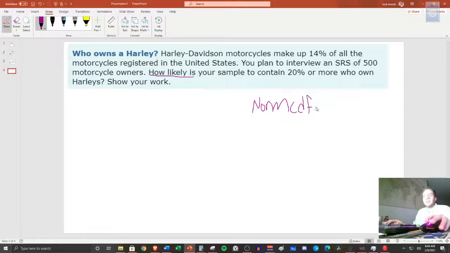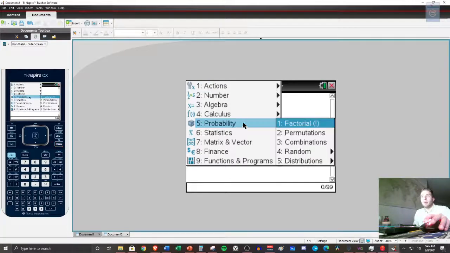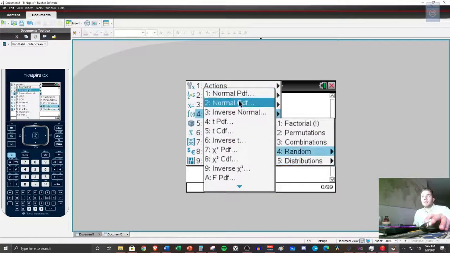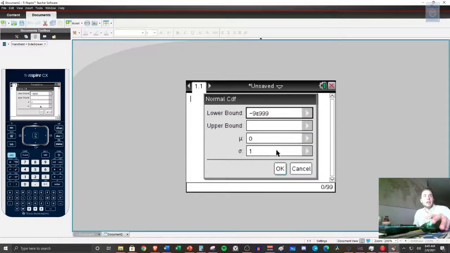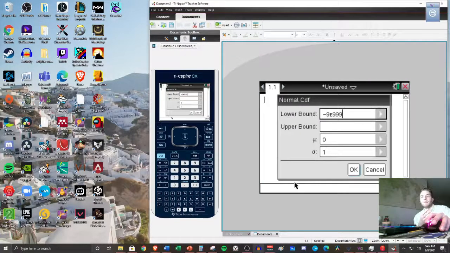That should be the first thought that goes in your head when you see how likely, or what is the probability. That also means we need to pull up our calculator. So we pull up our calculator, we have menu, probability, distributions, and we want a normal CDF. And here is all the information that we are going to need to type in to get our answer, okay?